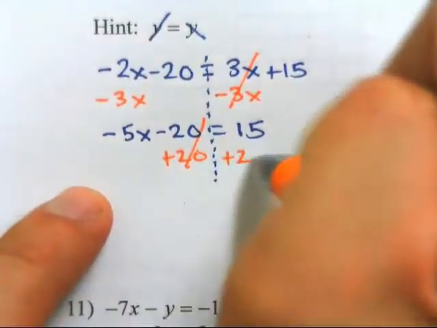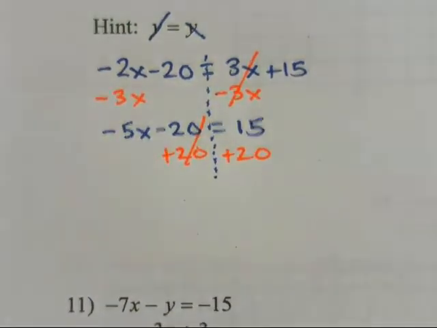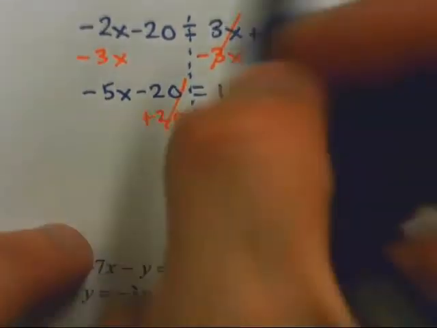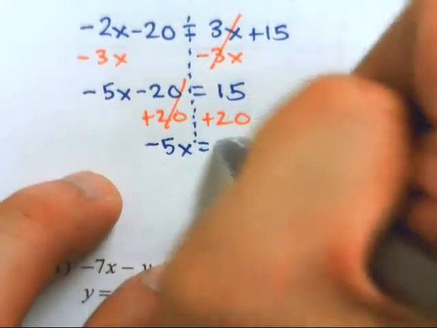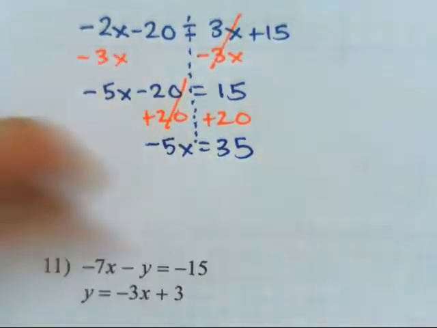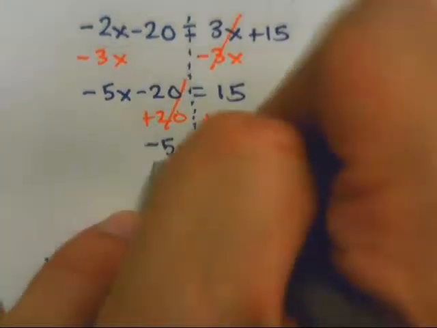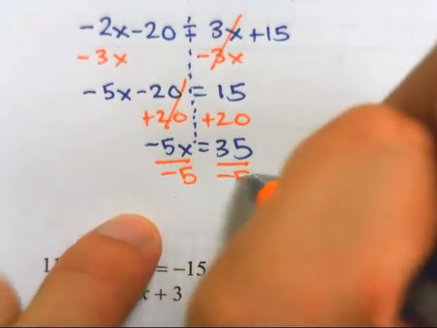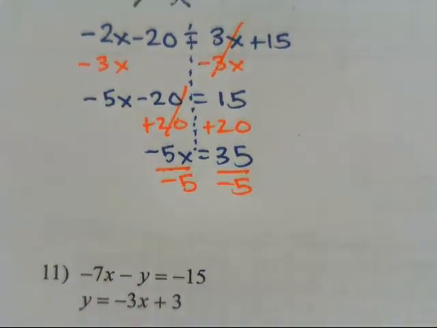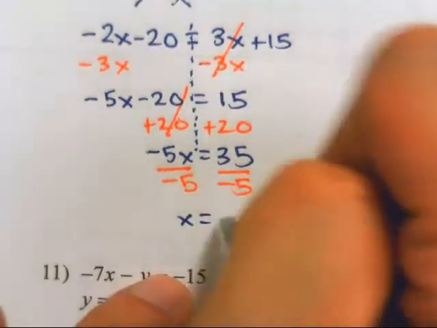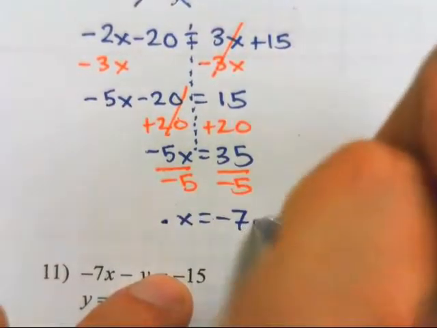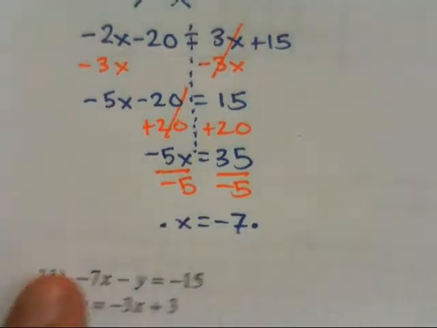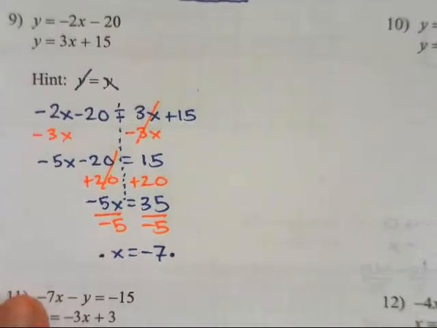Add 20 on both sides. Negative 5x equals 35. Okay. And we'll not sort of box that, but we're just kind of taking notice of it. Okay, negative 7.